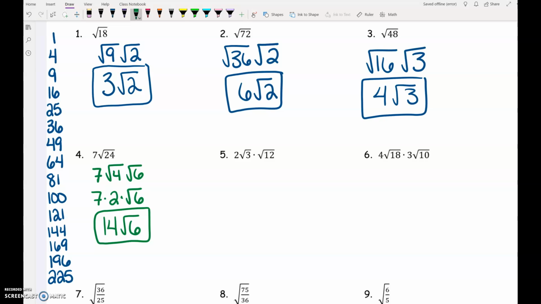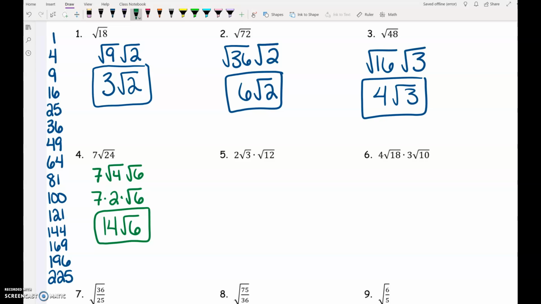Let's try number 6 together, and then I'll let you do number 5 on your own. Number 6, there are two types of numbers. There are whole numbers that are not under the square root, and there are radicands. A radicand is a number underneath a radical. It's like 18 and 10 are radicands. They're stuck under the square root.